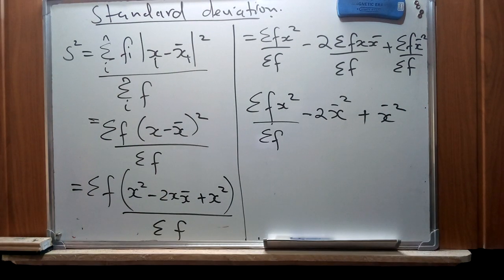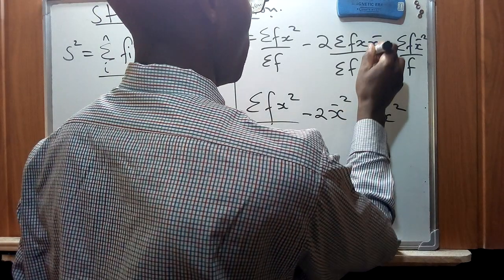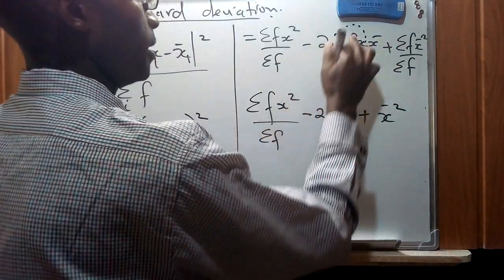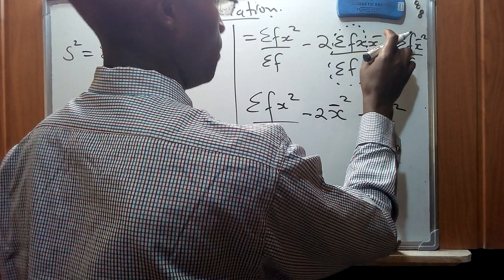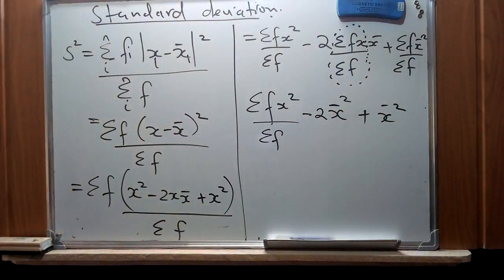Now the second part of the equation comes from the fact that this stage of the formula basically defines the mean. That is why the second part is the mean squared, which gives us that part of the equation there.